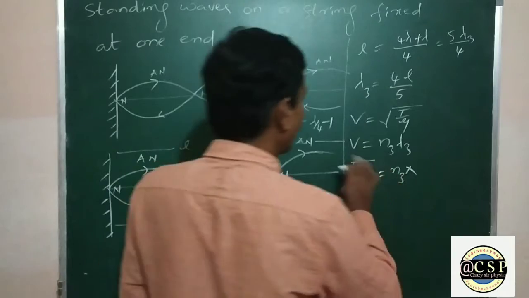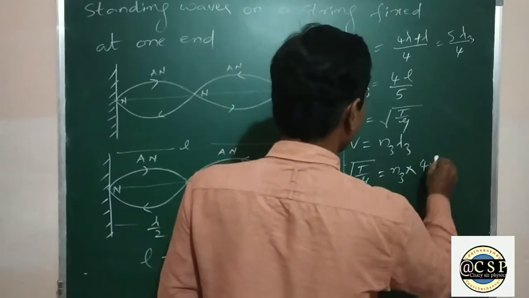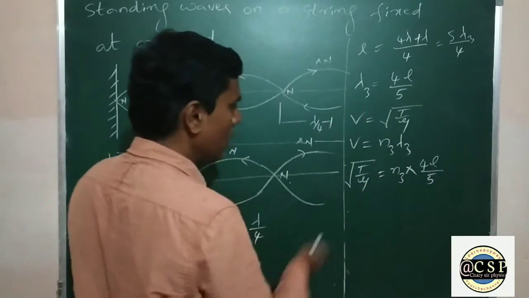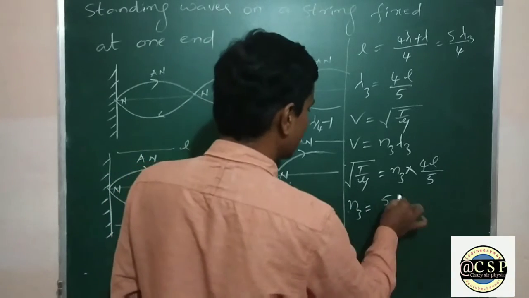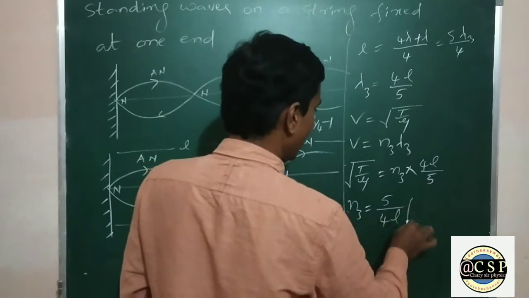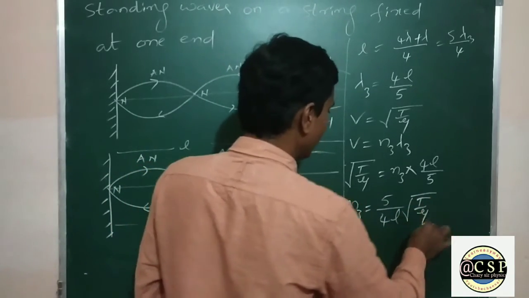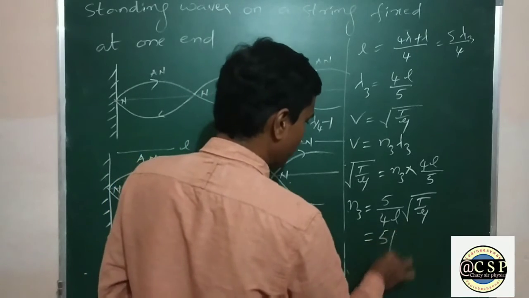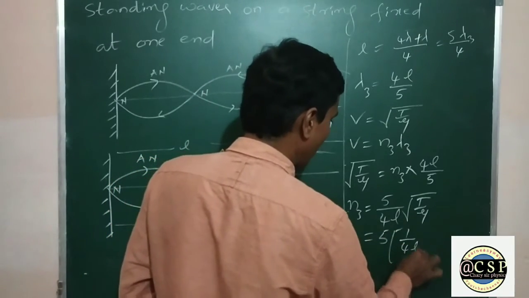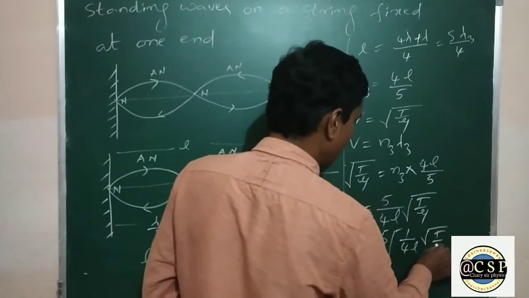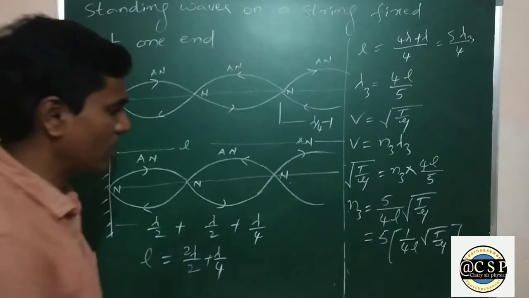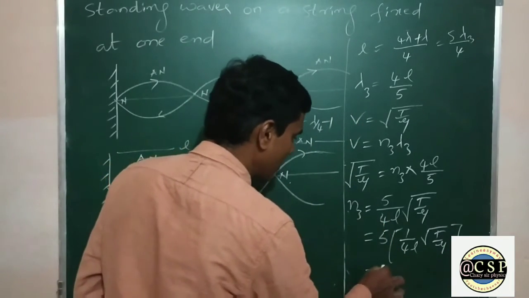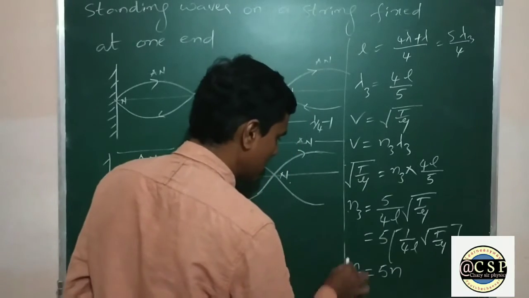Lambda 3 is 4L by 5, but we have to calculate N3. N3 is equal to 5 by 4L and root T by mu. So finally we take 5 common, 1 by 4L root T by mu. We know that 1 by 4L under root T by mu is the fundamental frequency N. I am writing here 5N, finally this is N3.